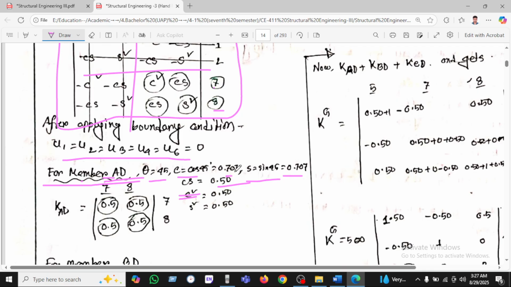C square, that is cos 45 squared, 0.707 squared, gives 0.50.